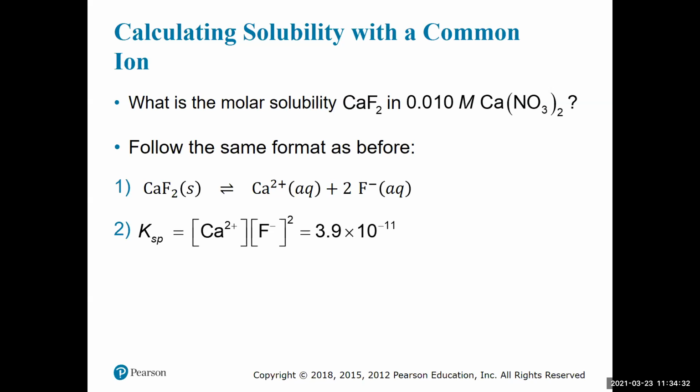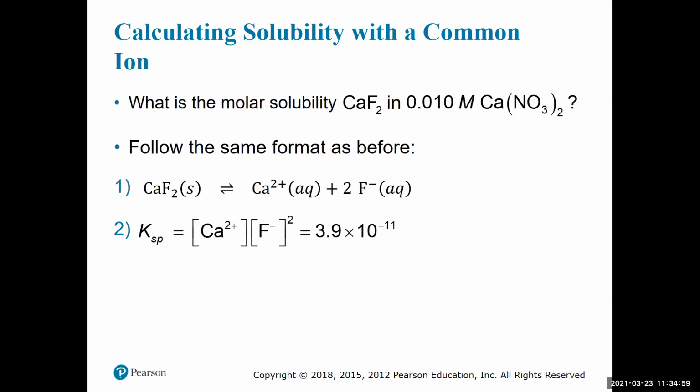Based on that equation, we write our equilibrium expression: calcium plus 2 concentration times fluoride minus concentration. Because of the 2 coefficient in the formula, we have to square the F minus concentration. And then we can look up our KSP value for calcium fluoride, and that's 3.9 times 10 to the minus 11.